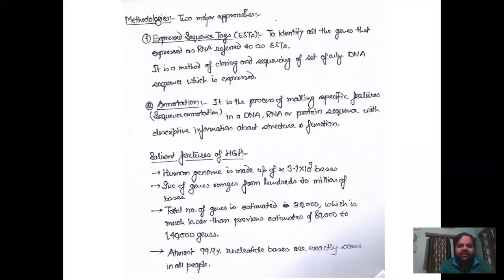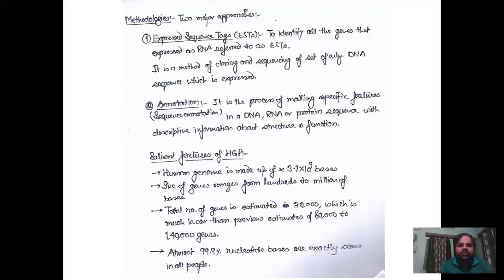As we know, only 2% of the whole genome sequence is transcribed, or involved in the formation of protein. So the first approach was to identify those genes which express.